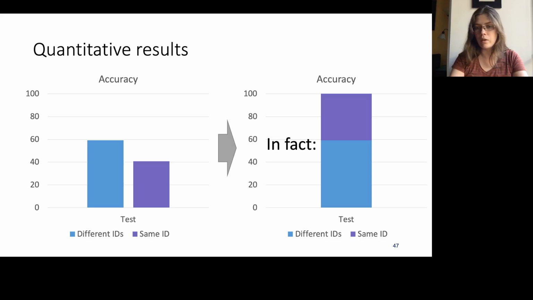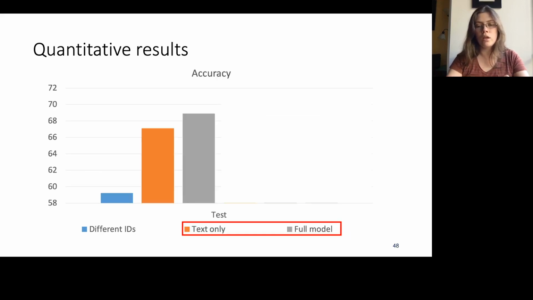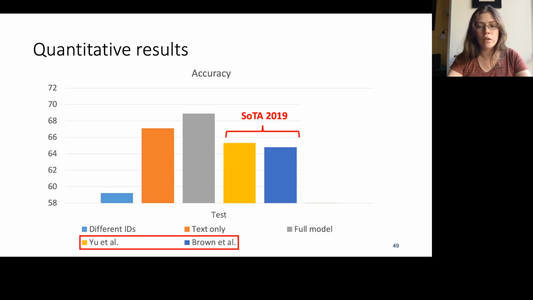IDs in a pair. Now our text-only model, that is the same architecture but without any visual features, does fairly well, and with additional visual features we get a small boost. And we compare to state-of-the-art from last year, the challenge participants, and we see that we can outperform both of those methods.